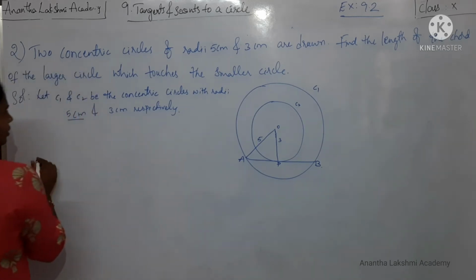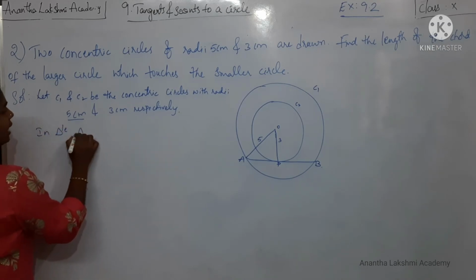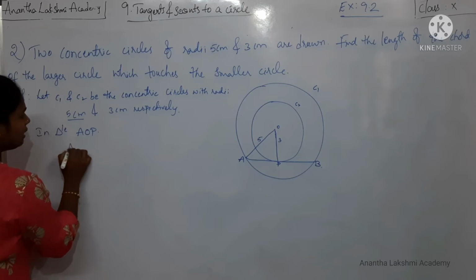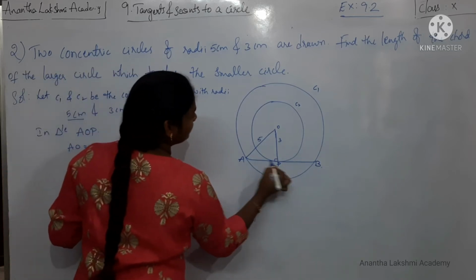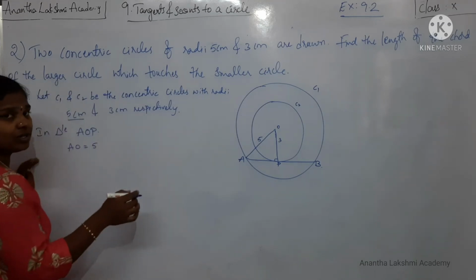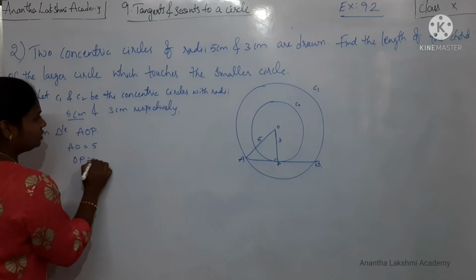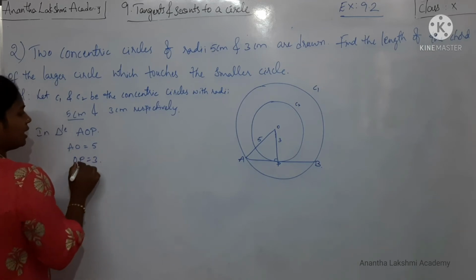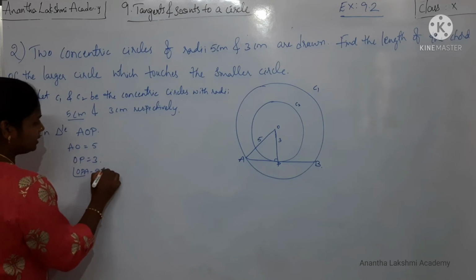Alright. Now, in triangle AOB, AO is equal to 5 and the angle between radius and the point of contact is 90 degrees, no? That we know. So OP is equal to 3. Angle OPA is equal to 90 degrees.